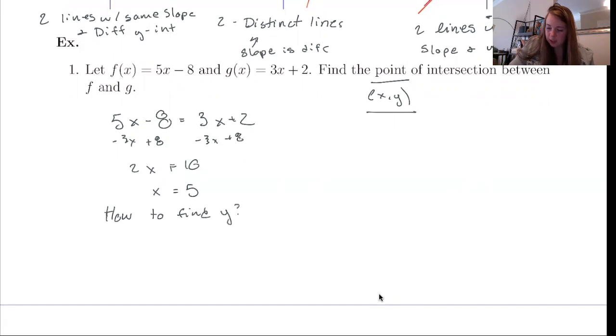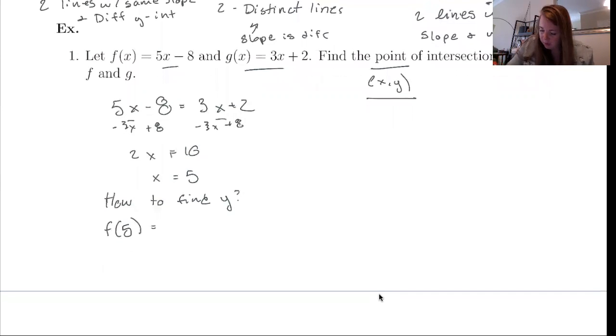Well, we just need to plug into one of these equations. Does it matter? No, because we set them equal to each other. No matter which one I plug in, f of 5 should equal g of 5. If it doesn't, we did something wrong. So in the beginning of practicing these, it might be good to test both of them just to make sure.